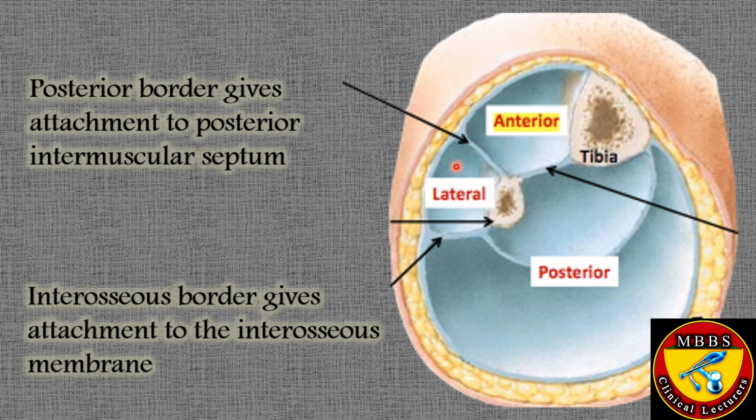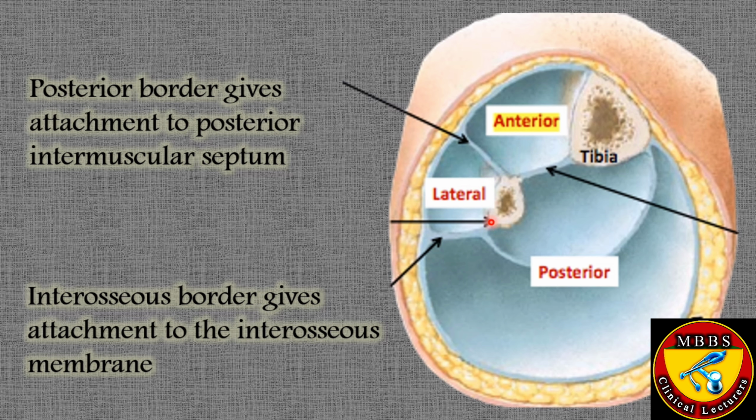Again I repeat, the fibula has three borders: medial or interosseous border, anterior border, and posterior border. The medial or interosseous border gives attachment to the interosseous membrane that separates the anterior compartment from the posterior compartment. The anterior border of the fibula gives attachment to the anterior intermuscular septum, which separates the anterior compartment from the lateral compartment.